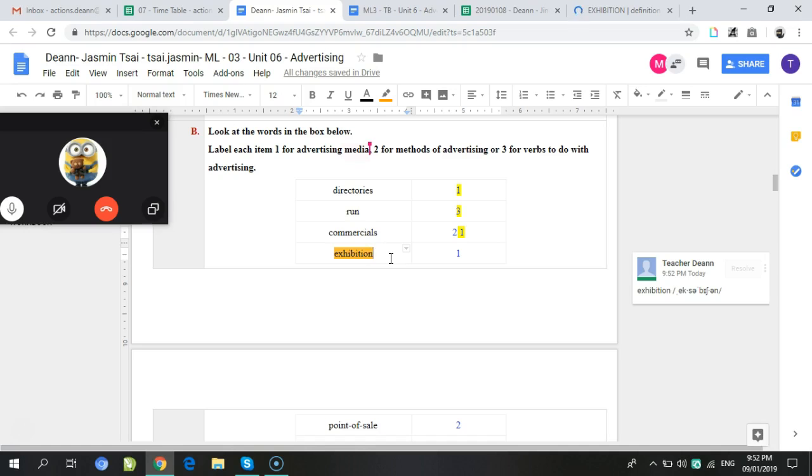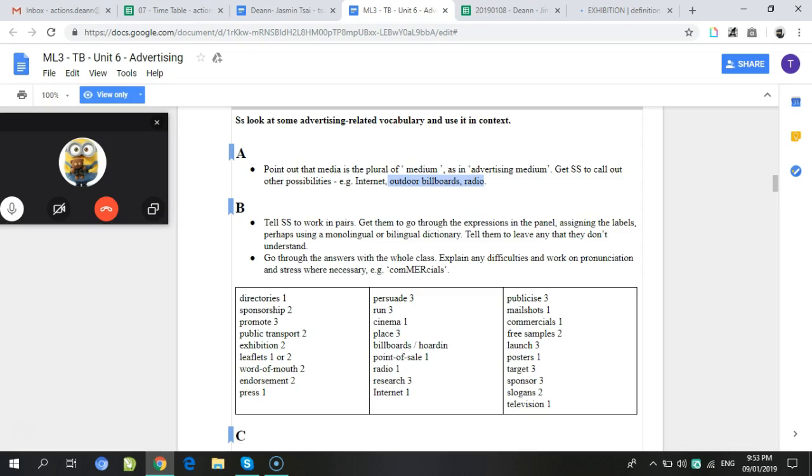Sometimes I can't tell which is advertising media and which is a method. Advertising media are usually shown on radio, TV, the internet, like that.